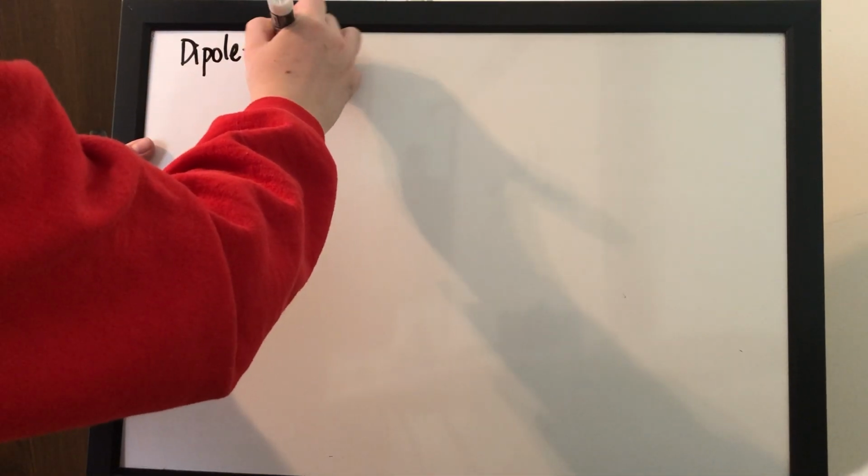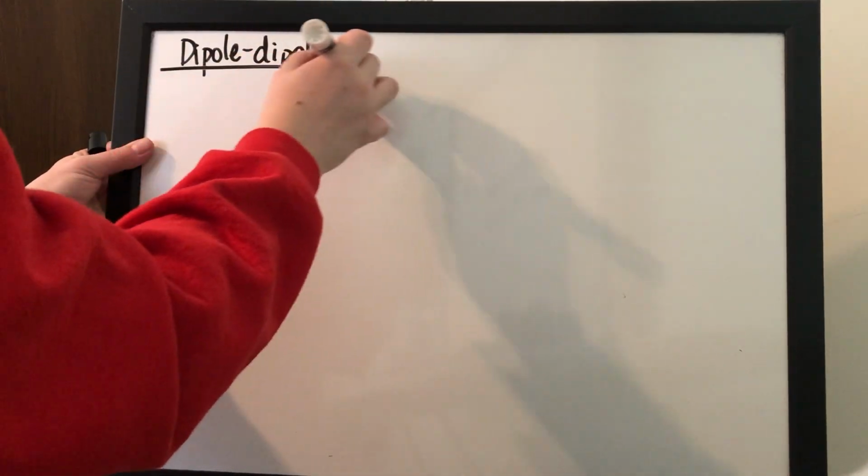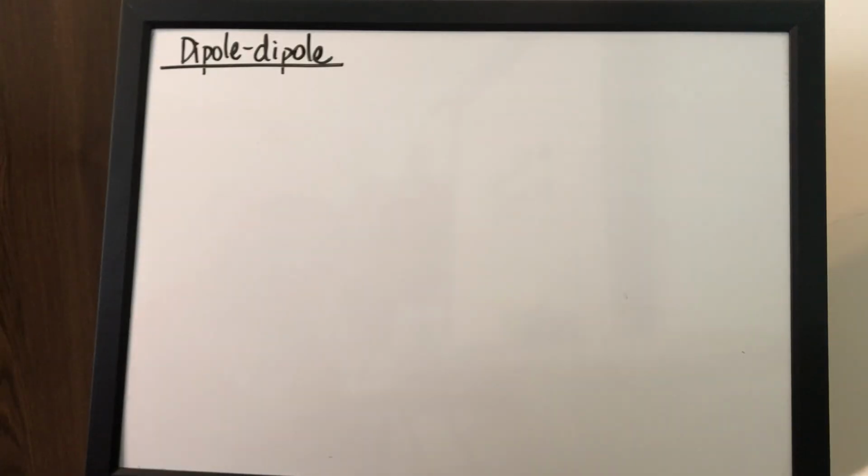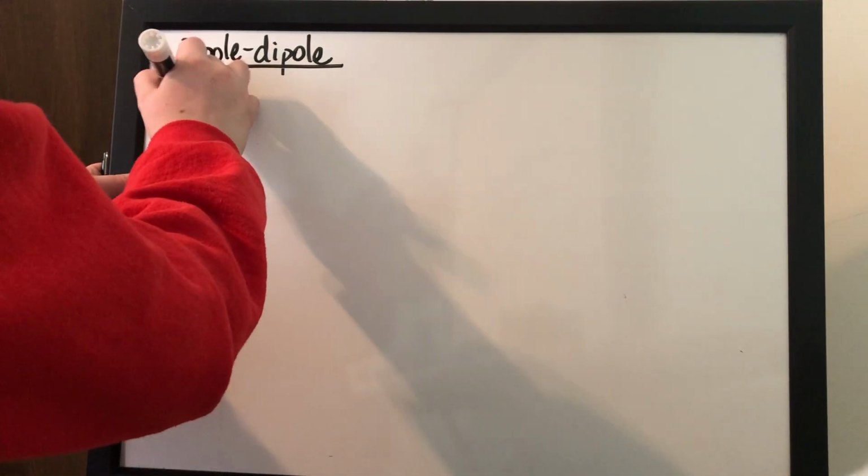Your next one is dipole-dipole. So if we learn that ion dipole was an ion with a polar molecule, then dipole-dipole is going to be attractions within polar molecules.